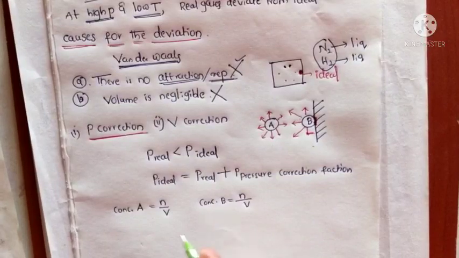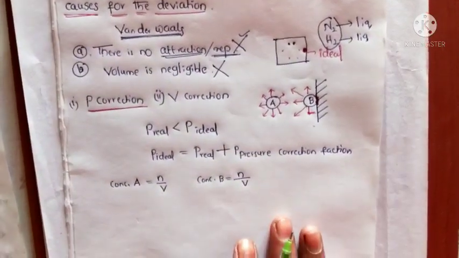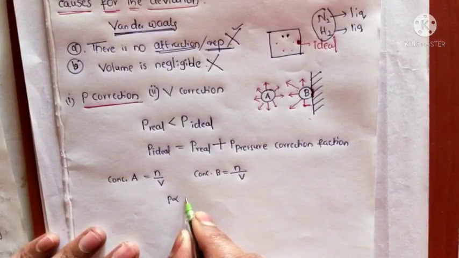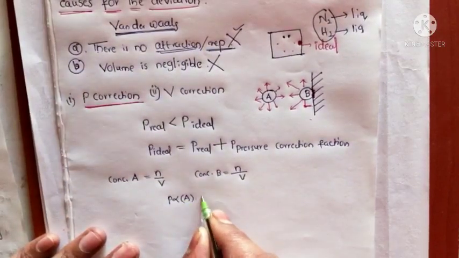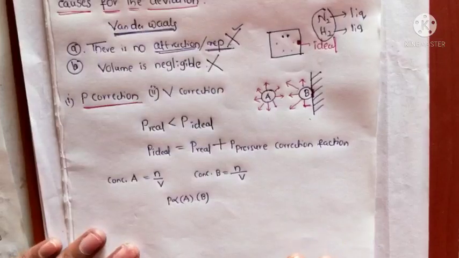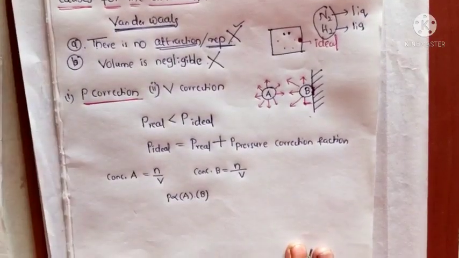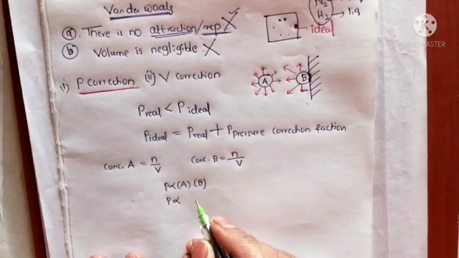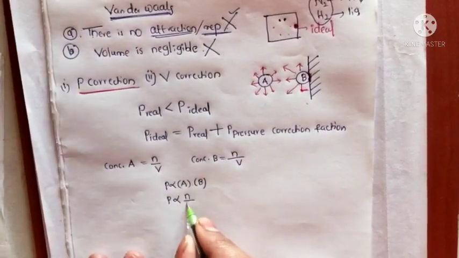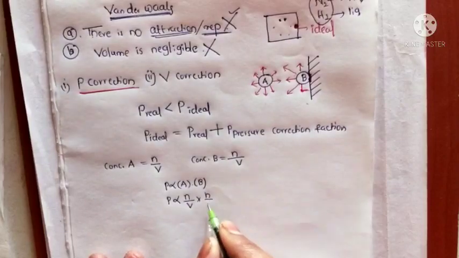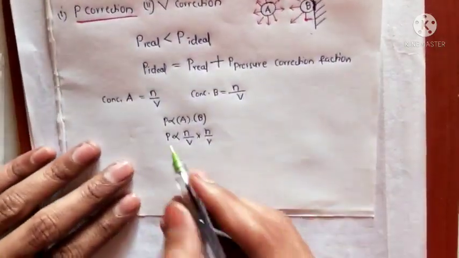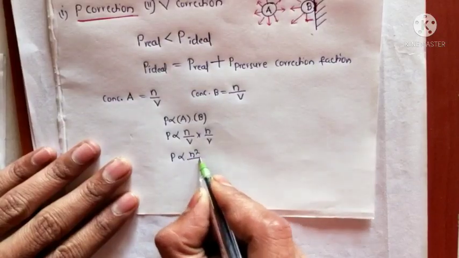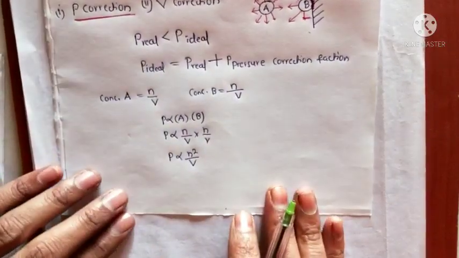Now from this we can say that pressure is directly proportional to the concentration of A molecules and the concentration of B molecules. So pressure is directly proportional to n by V into n by V, that is, P is directly proportional to n squared by V squared.